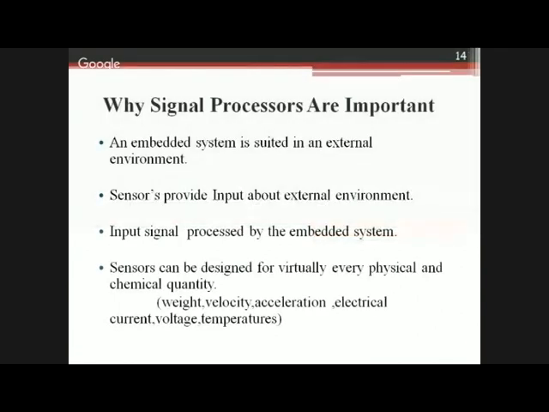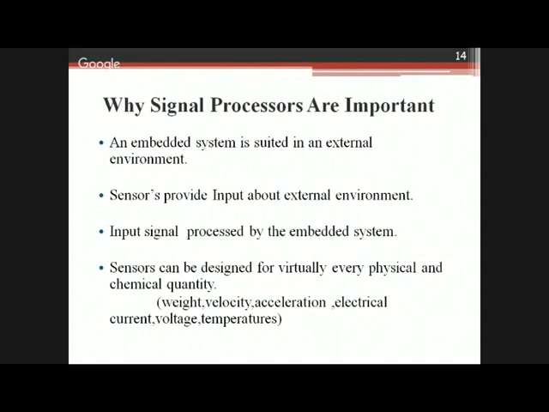So why are digital signal processors important? Obviously because an embedded system is situated in an external environment, and your sensors are providing data to you. They are going to sense the data, and that data needs to be processed. That's where the digital signal processors come into the picture.